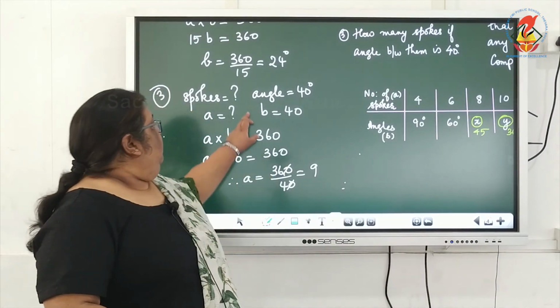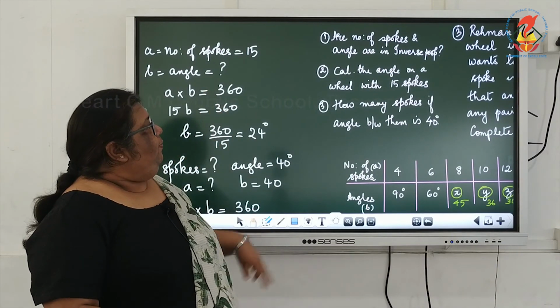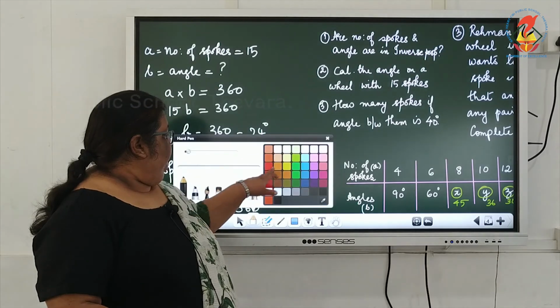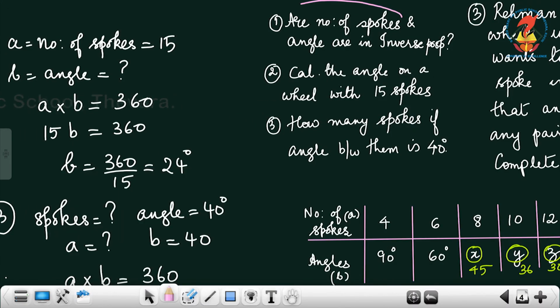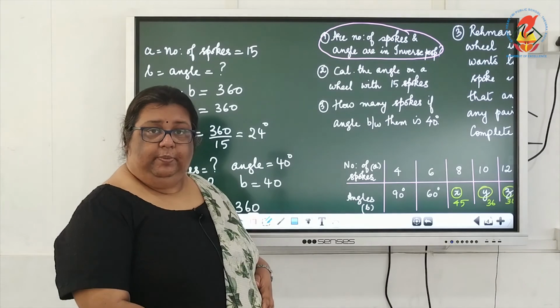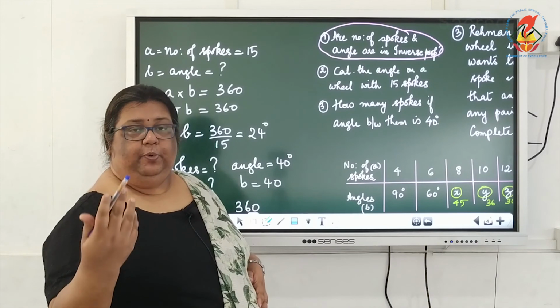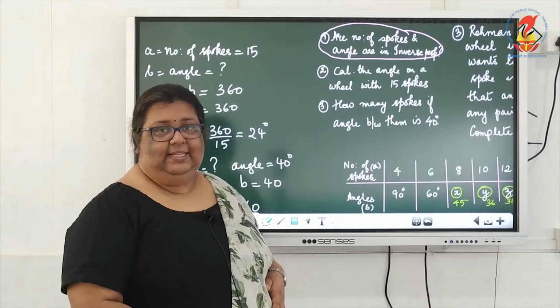And there is a first question also. Are the number of spokes and angle in inverse proportion? If there are 3 subdivisions, children, the 3 subdivisions should be answered separately. Are they in inverse proportion? Yes. What is the reason? As the number of spokes increases, the angle between them decreases.